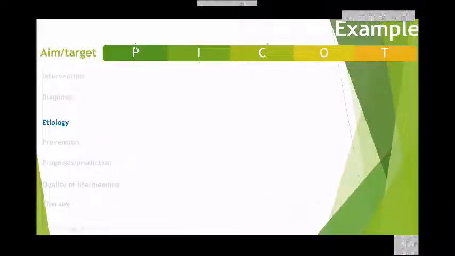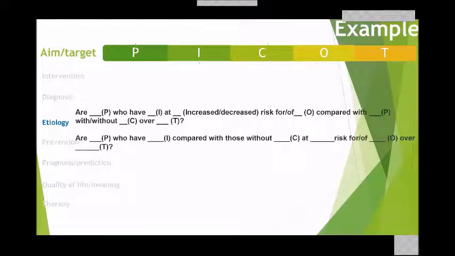So let's do a question in etiology. In etiology, if we follow the PECOT acronym, the question will be: are population who have the intervention or the indicator at increased or decreased risk of an outcome compared with the population with or without the comparison over a period of time?